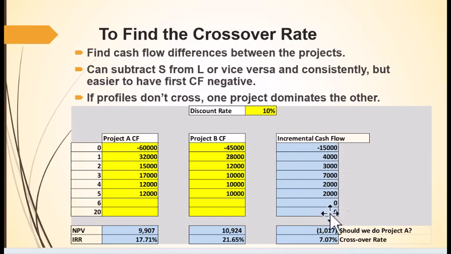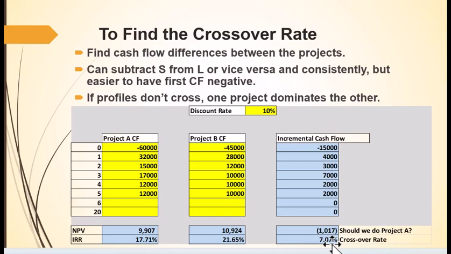Now let's find the information here. The net present value is a negative $1,000. So should we do project A? Since this is negative, it means this one has less value. And then it calculates the crossover rate, which is roughly 7%.